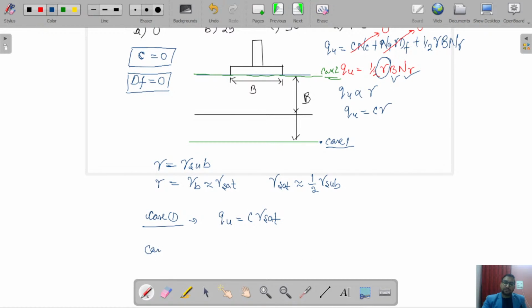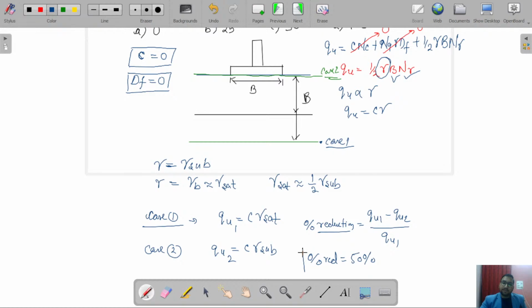For case 2, QU becomes C into gamma submerged. So suppose this is 1, this is 2. If I have to find percentage reduction, it will be QU1 minus QU2 by QU1. If gamma submerged is half of gamma saturated, the percentage reduction we are going to get is 50%.